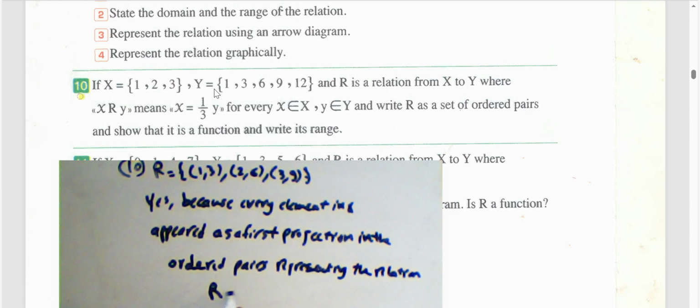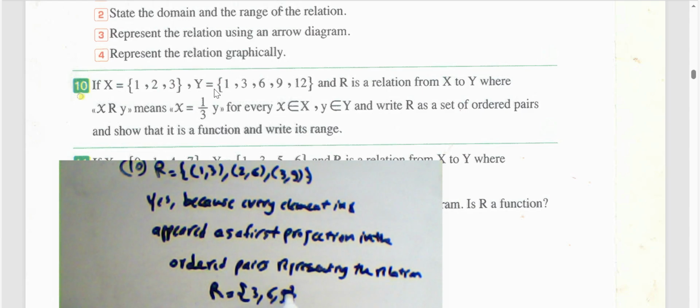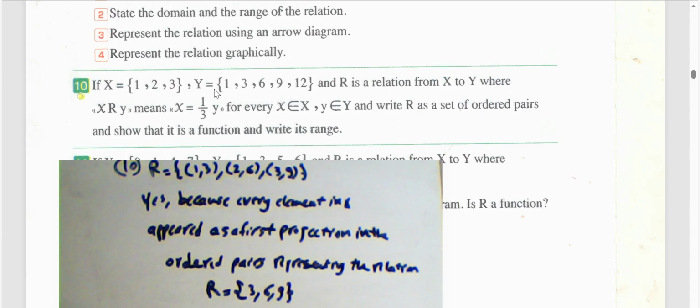And we can find the range 3, 6, 9. This is the range.